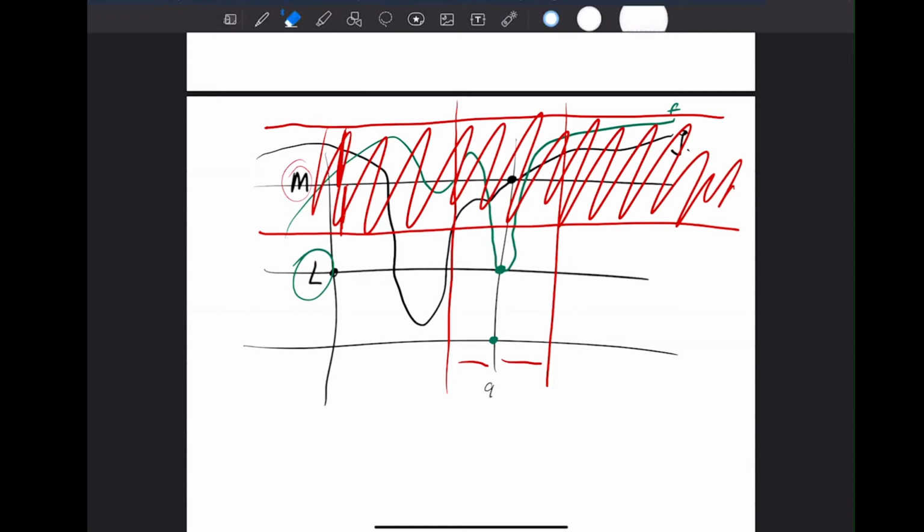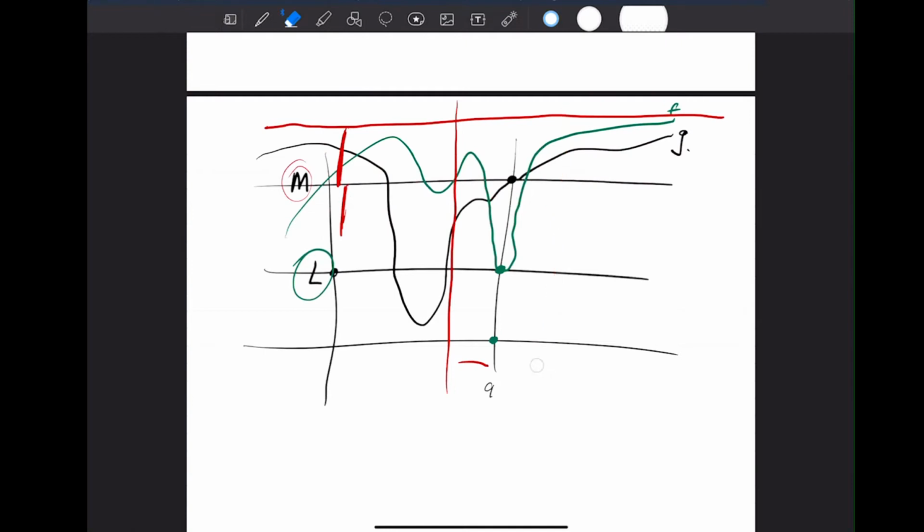Okay, so that is how we will use our definition for g.